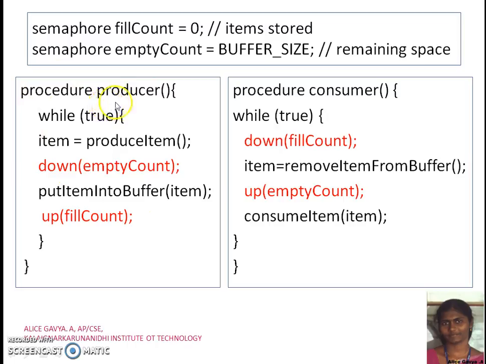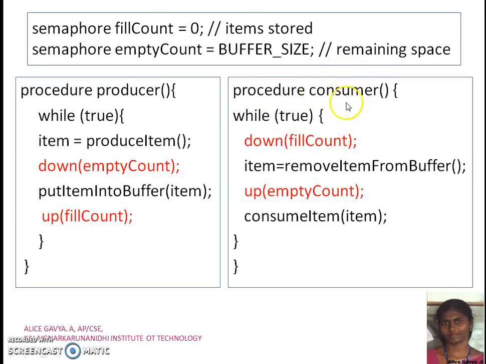Here we have two functions, one for producer and the other for consumer. Producer is the one who is going to add some data. Whenever I have some data to be added, I have to decrement the value of empty count and I have to increment the value of fill count. My second function is consumer. Consumer is the one who is going to utilize or remove the data that was produced by the producer.